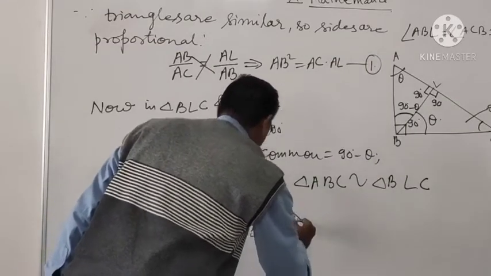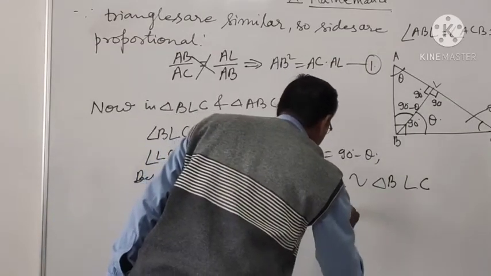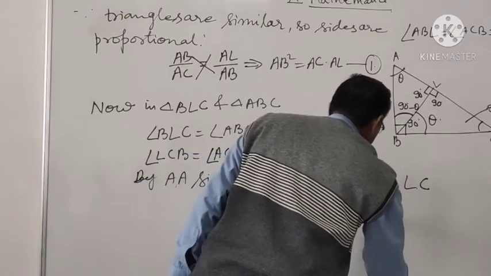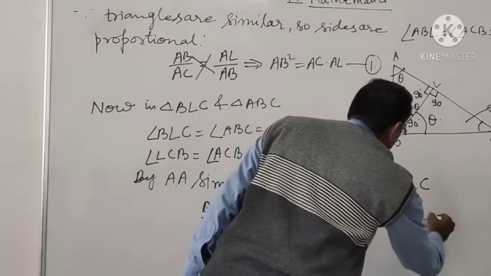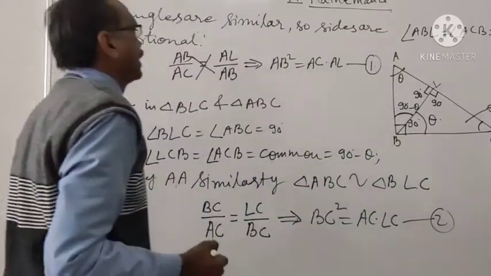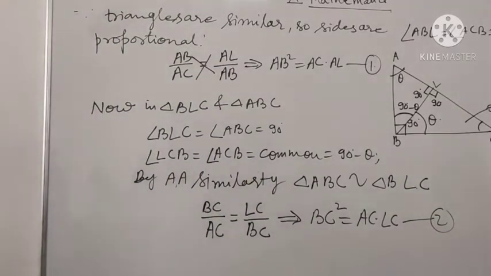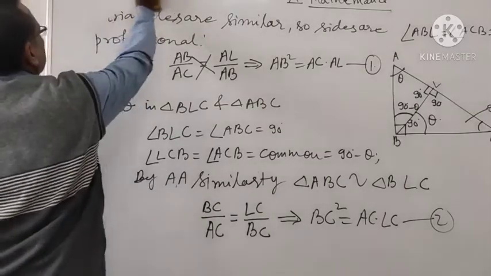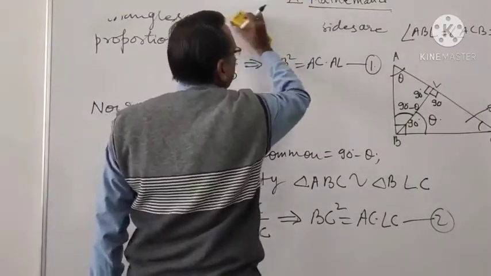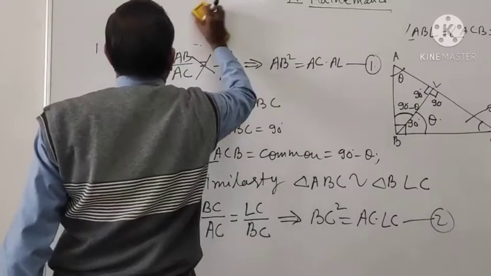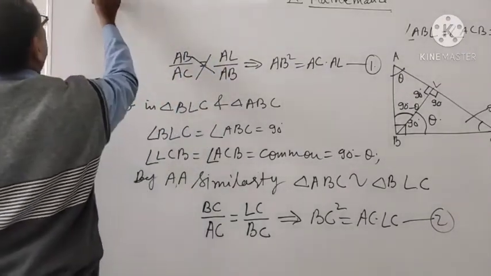Now cross multiply, we get BC square equals AC into LC. It is equation 2. Now adding equations 1 and 2.